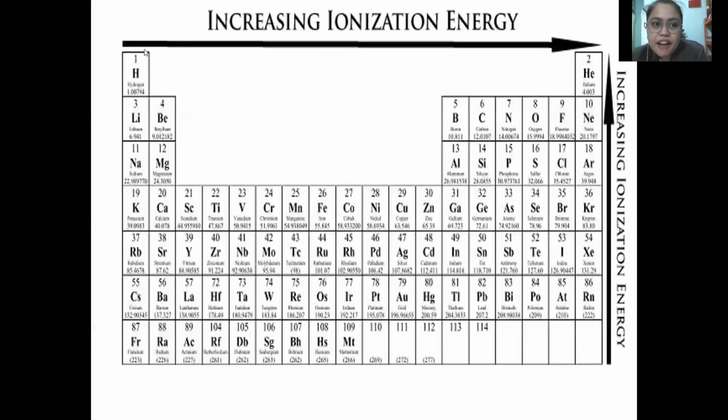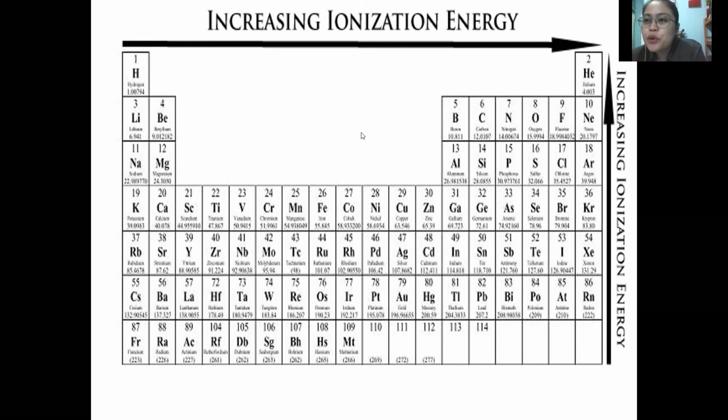So, ayan. From left to right, nag-i-increase. From bottom to top, nag-i-increase. But if you are asked what is the element with the highest ionization energy or potential, it's helium. It's not fluorine. Fluorine has the highest electronegativity, but the one that has the highest ionization potential, it's the helium.